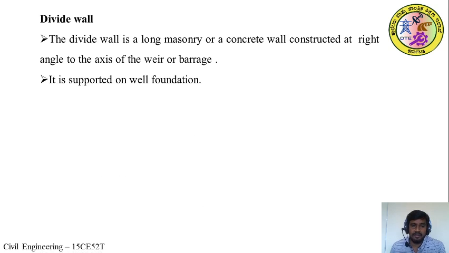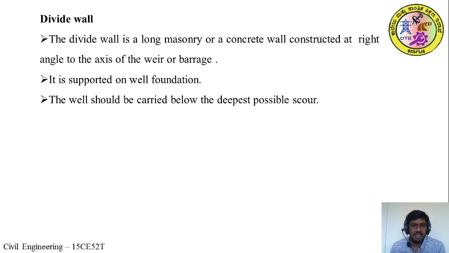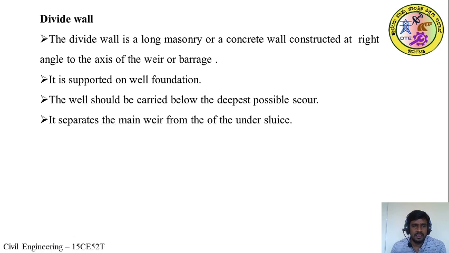It is supported on well foundations, and the well should be carried below the deepest possible cover. This divide wall separates the main weir from the under sluice.